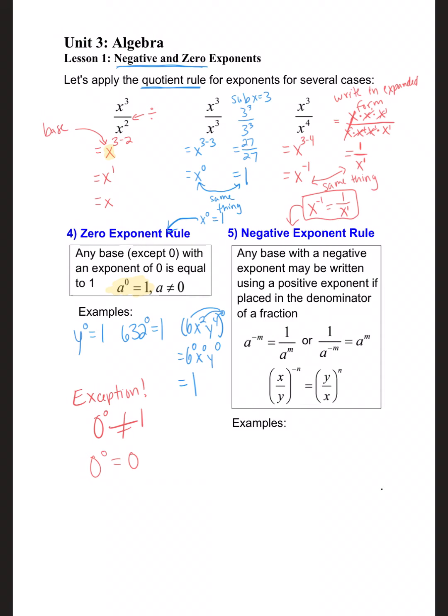So you can see here, when we have a to the negative m, if we flip the base, m is positive. So when we flip it, our m becomes positive there.